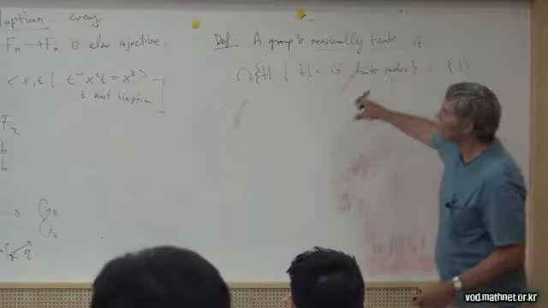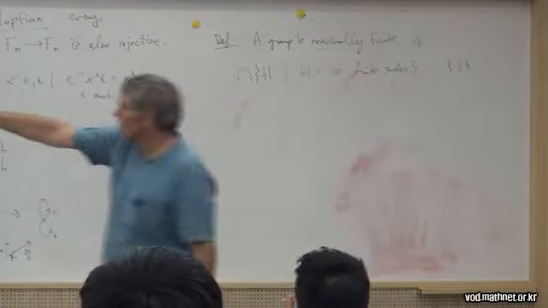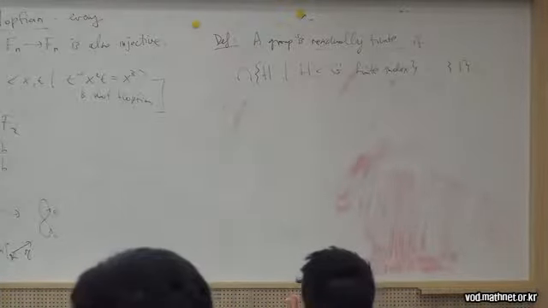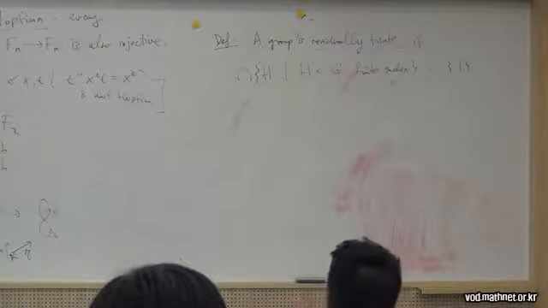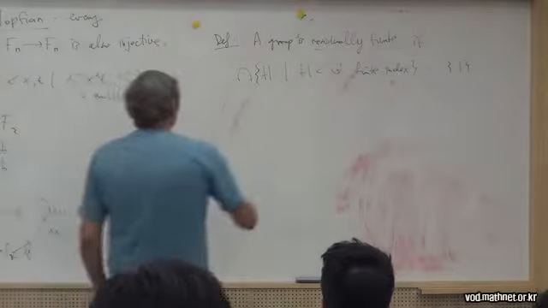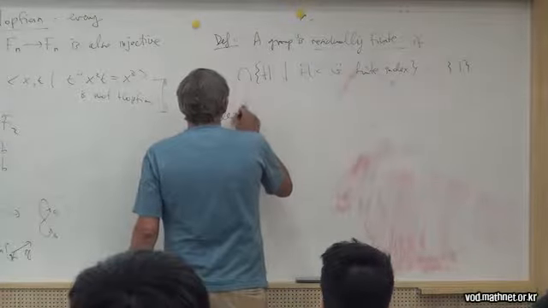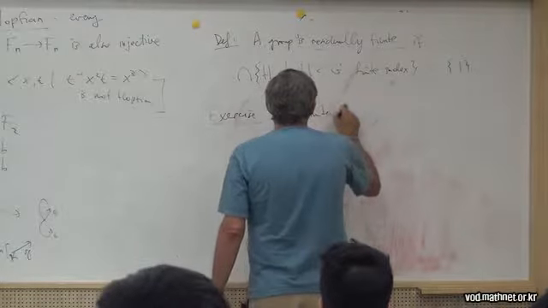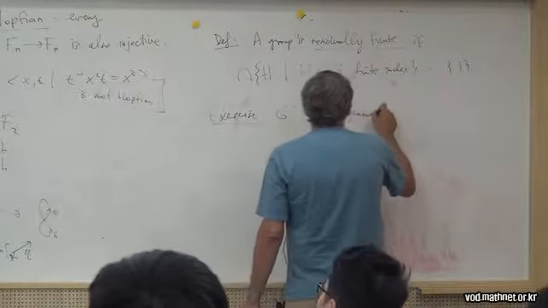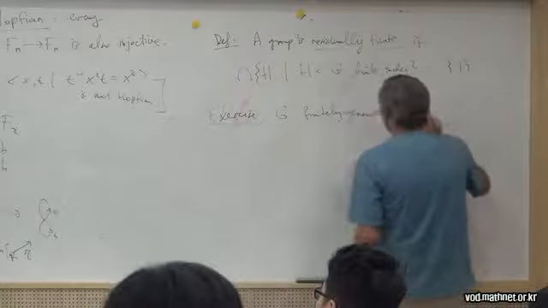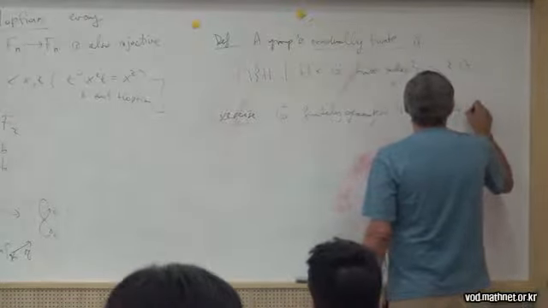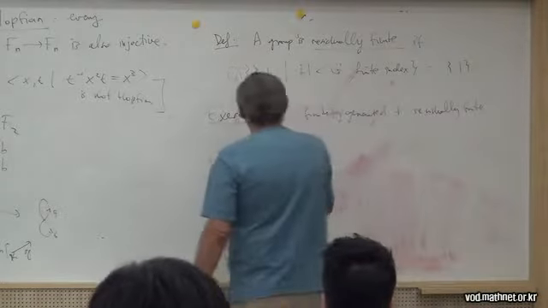Okay, so that's a weaker property than the one that we already have here, that finitely generated subgroups are separable. This just states that the trivial subgroup is separable. Okay, and then the exercise is that if G is finitely generated plus residually finite, this implies that G is Hopfian.